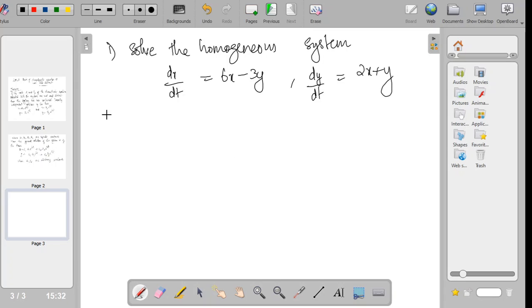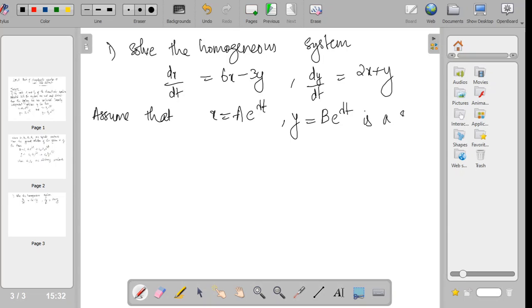First of all we will assume that x equal to a e raised to lambda t and y equal to b e raised to lambda t is a solution of the homogeneous system.